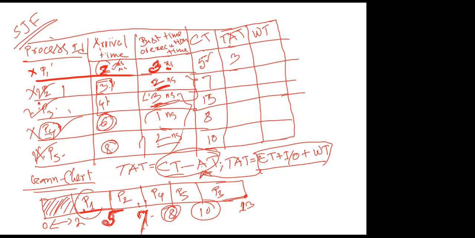For the next process, completion time is 7 and arrival time is 3, so it is 4. Then the turnaround time is 9, from 13 minus 4, then 8 minus 6, which is 2, and 10 minus 8, which is also 2. Okay, this is the turnaround time. So how do we calculate the waiting time here?